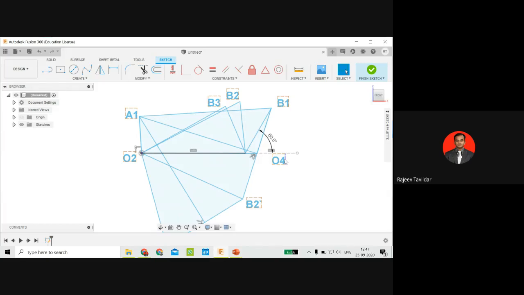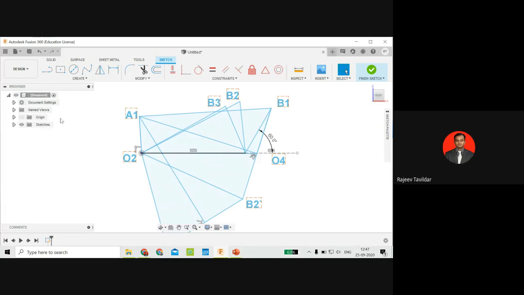See, to satisfy a particular function, there is no unique solution for the mechanism. Now since I have got O2, A1, I can also draw O2, A2, because I know the angle. I can draw O2, A3 also. And then I can make another mechanism like O2, A2, B2 and O4, or O2, A3, B3 and O4.